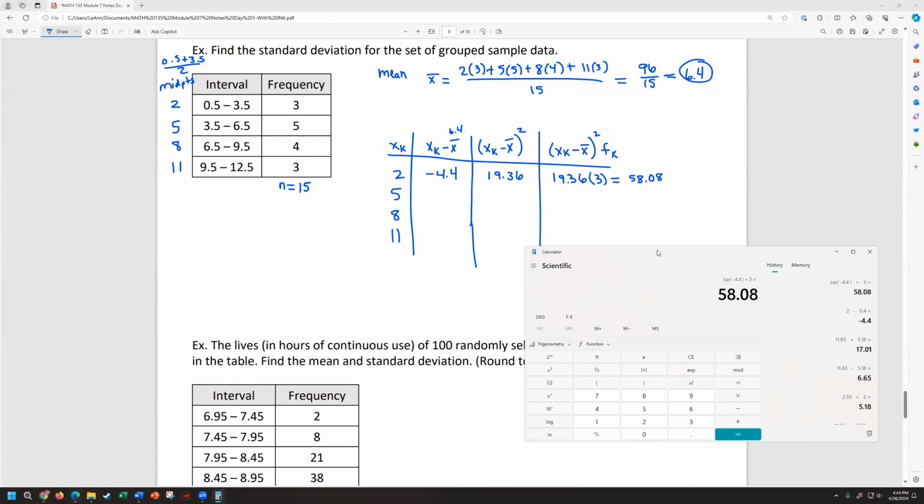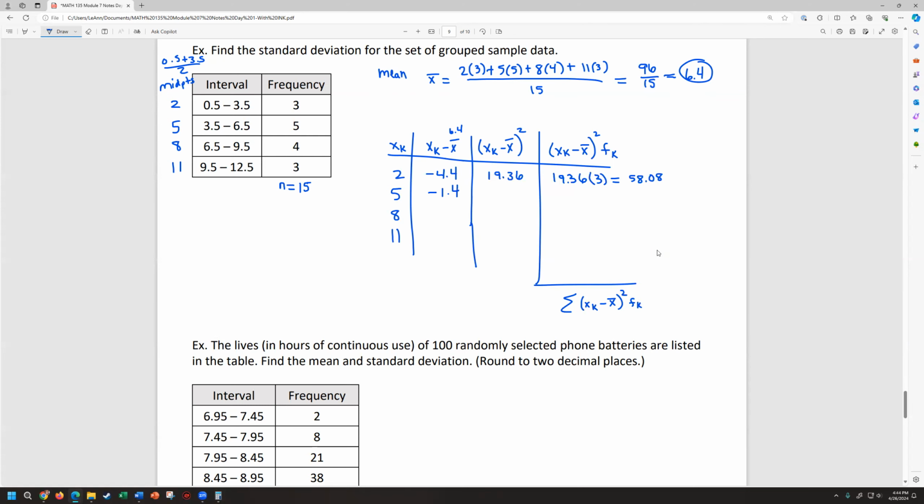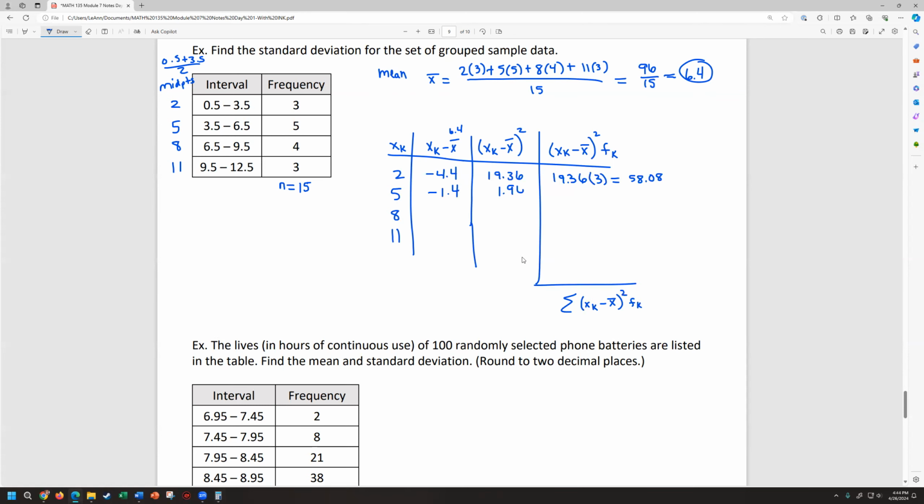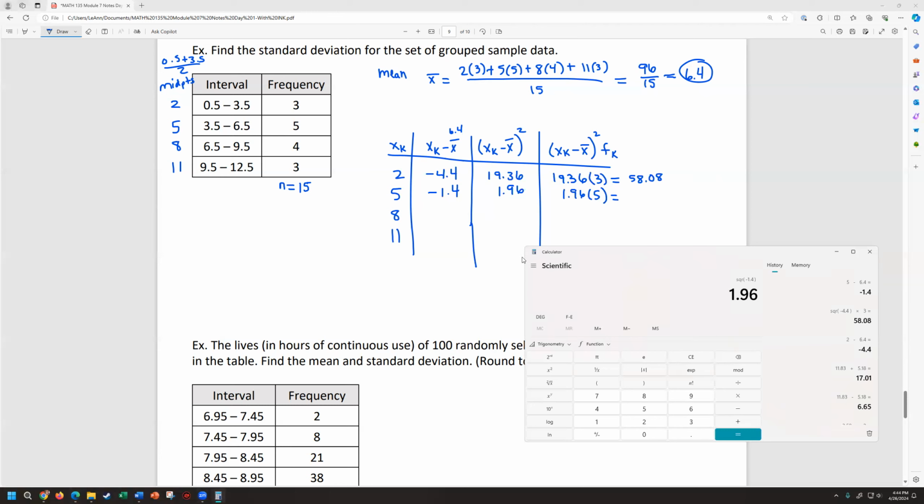Now we're going to do 5. So 5 minus 6.4 is a negative 1.4. We're going to square that. That's 1.96. And then just to show my work, that has a frequency of 5. So I'm multiplying that by 5. It's repeated 5 times, essentially, when we talk about the midpoint as our estimator.